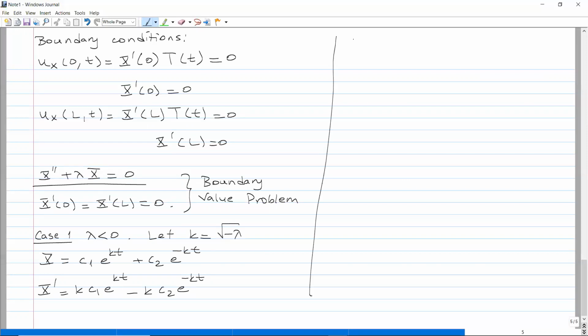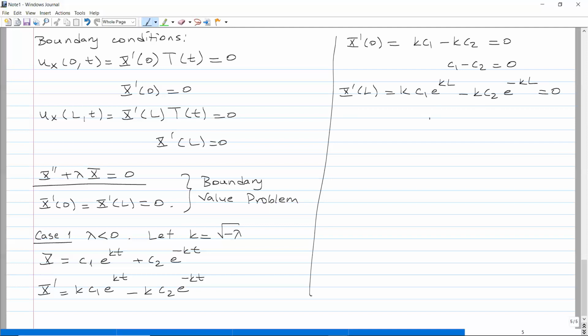So if we use the conditions, X prime 0 is k C1 minus k C2. This being 0 means C1 minus C2 is 0 because the number k is not 0. Lambda is strictly negative. And X prime L, k C1 e to the kL minus k C2 e to the minus kL equal to 0. So you can divide by k, and from the first equation, C2 is the same as C1.